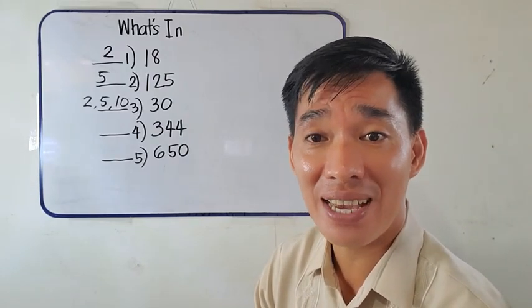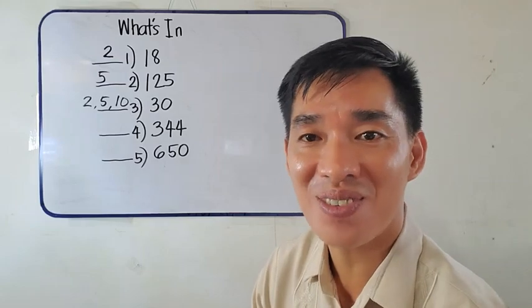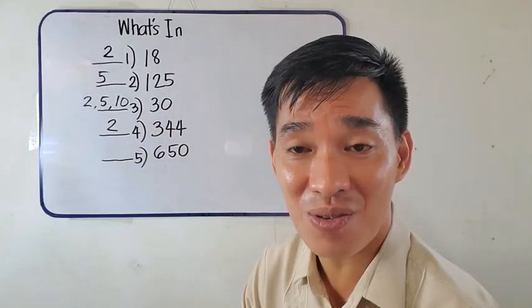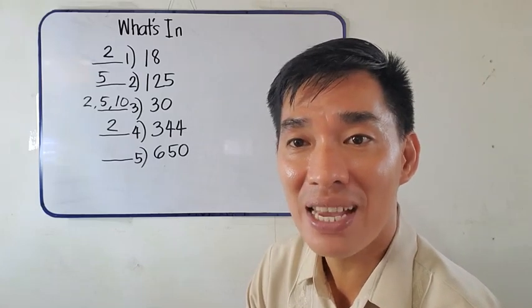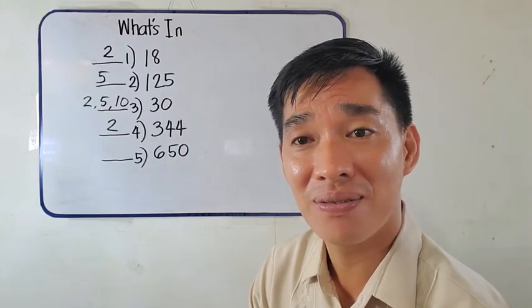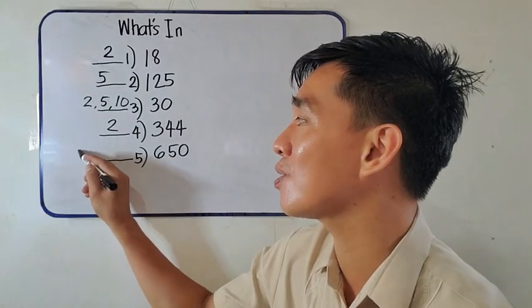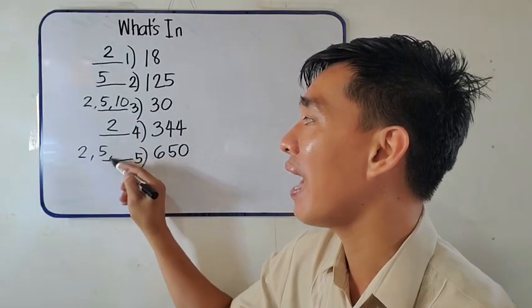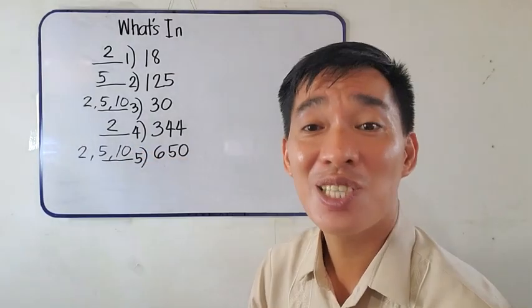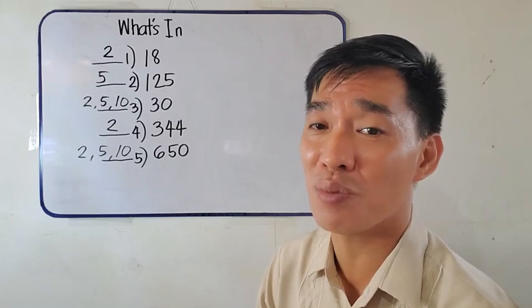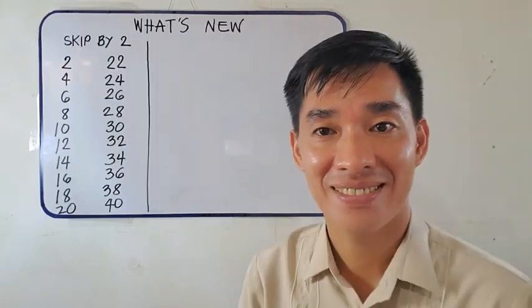The correct answer is only 2. That's only divisible by 2. How about item number 5? Exactly. The correct answer for item number 5 is 2, 5, and 10. It simply means that this number is divisible by 2, also by 5, and also by 10.